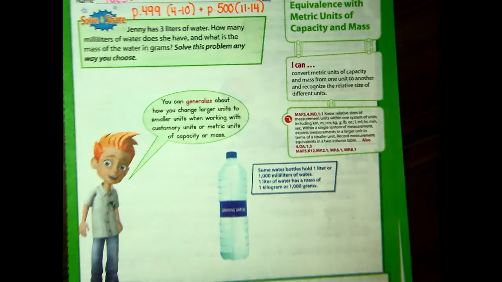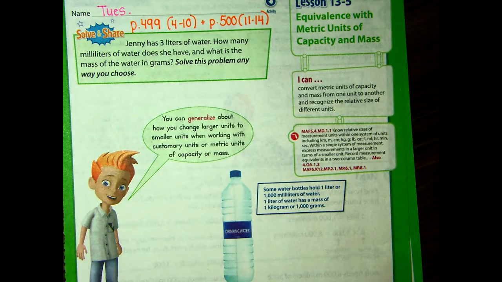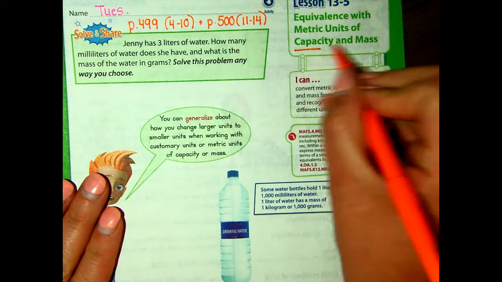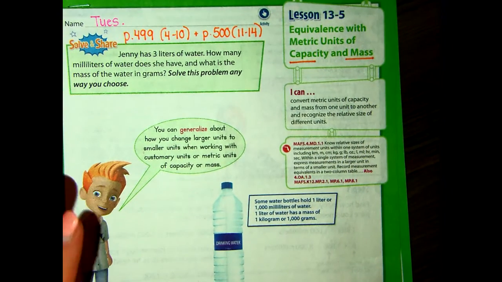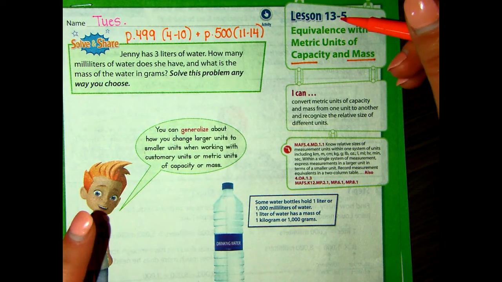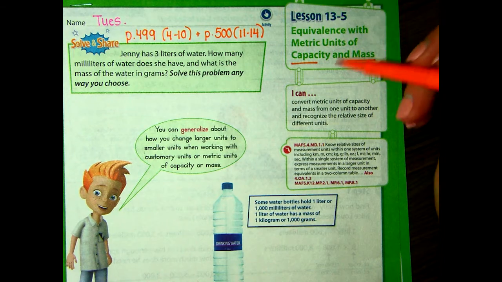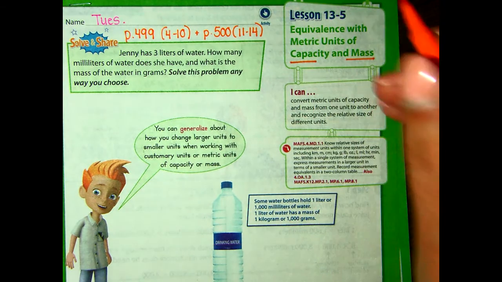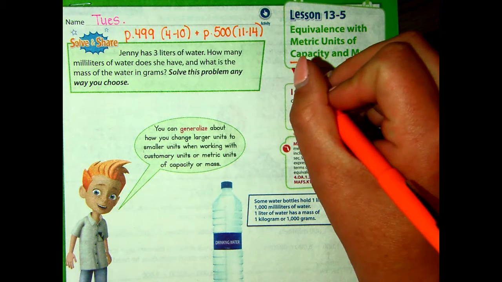All right, so we are going to get started on lesson 13-5. And today we're going to be talking about metric units of capacity and mass. When you're looking at your reference sheet, in part 1 of this video, we took a look at that, and we know that with capacity, we're talking about volume.